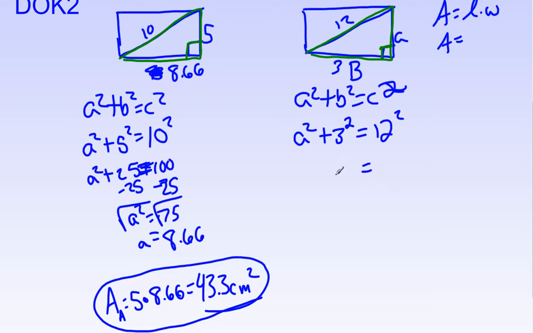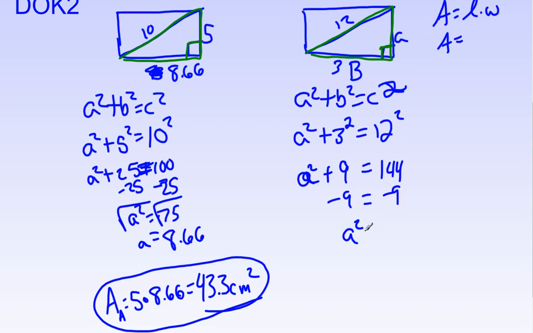Simplify, that gives me 9 plus A squared equals 144. Subtract 9 on both sides.